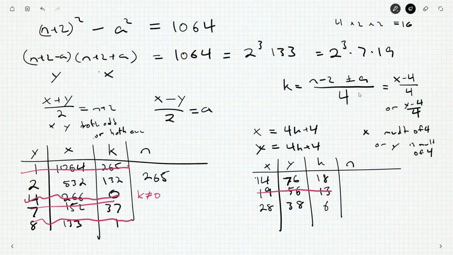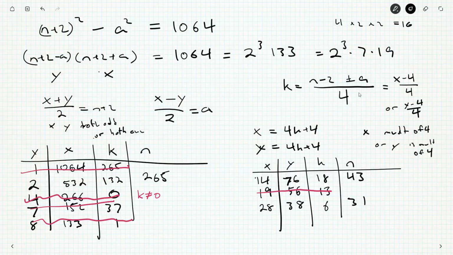Okay. Now, 14 plus 76, 90 divided by 2, that's equal to n plus 2, so n should be equal to 43. And 28 plus 38 divided by 2, that's equal to n plus 2, so here n is equal to 31. Remember, n is L plus W. So we still have to figure out our L and our W.